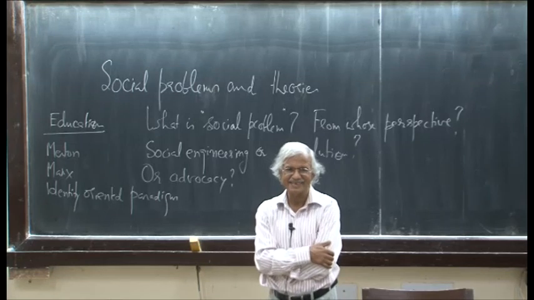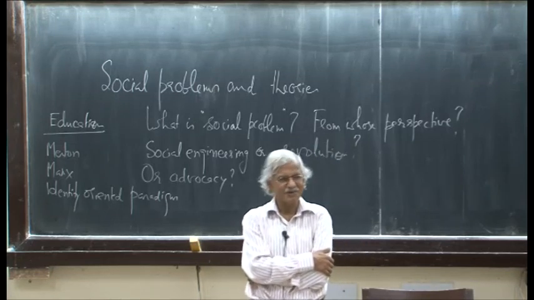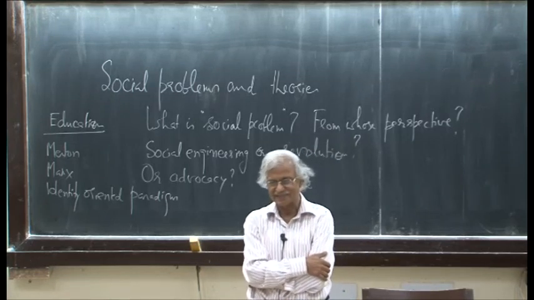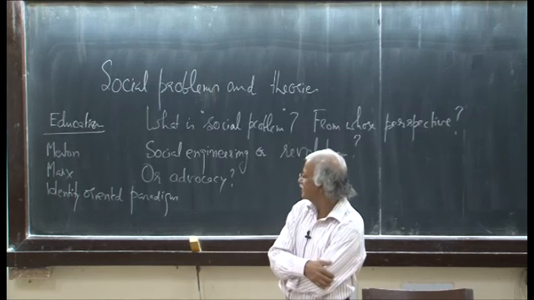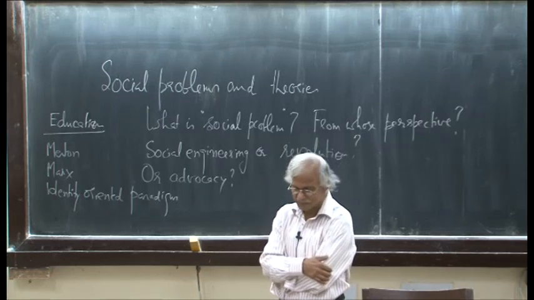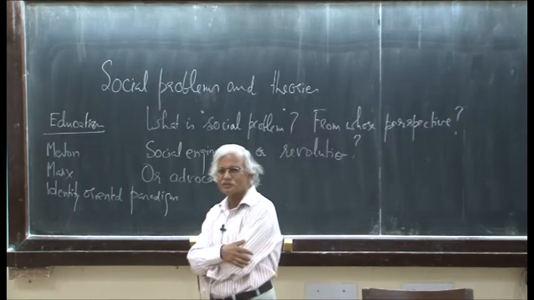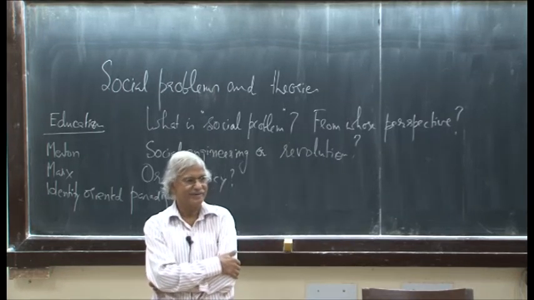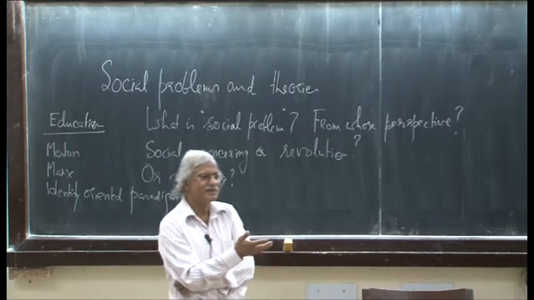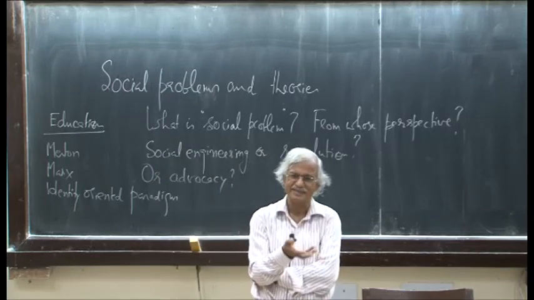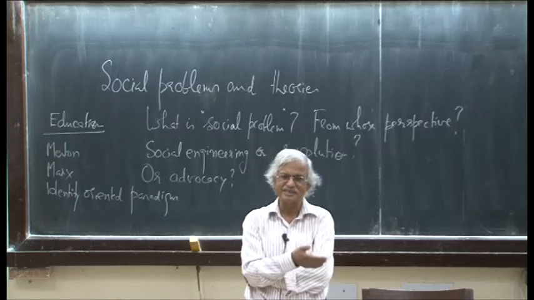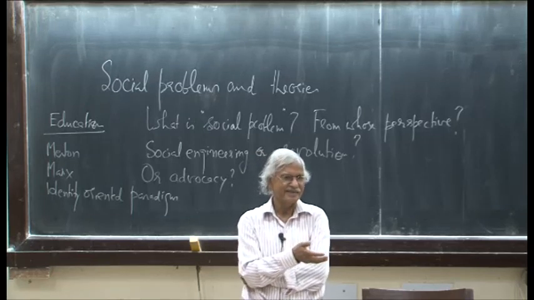Now let us see how do sociologists approach this. A sociologist will first ask, what is social problem? Whenever we discuss anything, we have to define it. When we discuss religion, we have to define it.